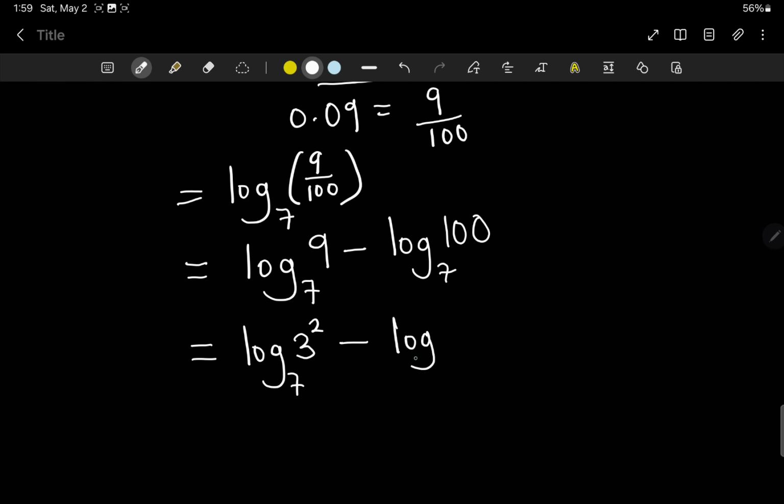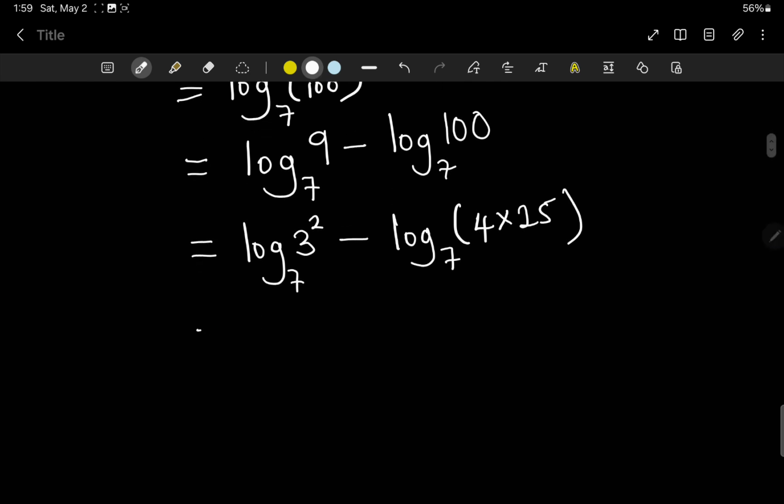So log 7 into brackets 4 times 25 will give us 100. Now our 2 will come here.